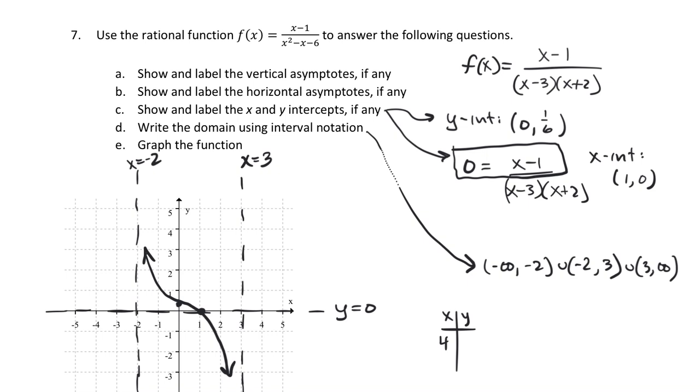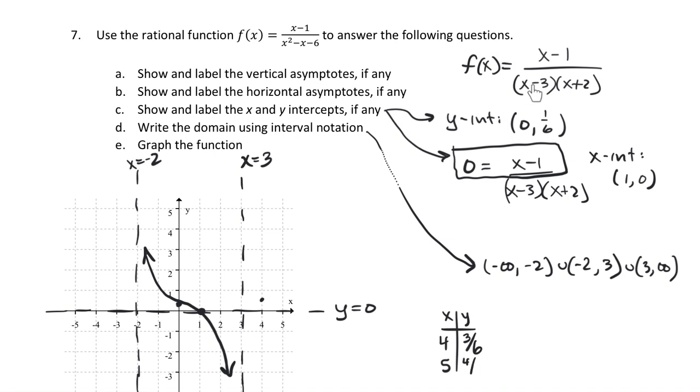When x equals 4, here in the numerator, we're going to get 4 minus 1, so that's 3. In the denominator, we're going to have 4 minus 3 times 4 plus 2. So 4 minus 3 is 1, 4 plus 2 is 6, 1 times 6 is 6. So we get 3 over 6, or 1/2, so 4 comma 1/2. Do the same thing for 5. 5 minus 1 in the numerator is going to give us a 4.